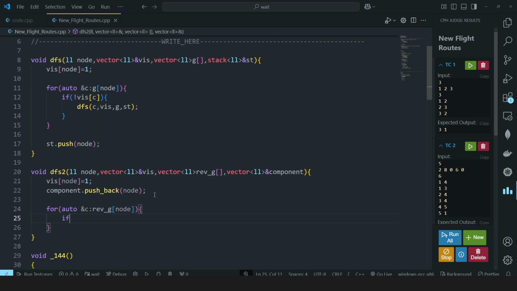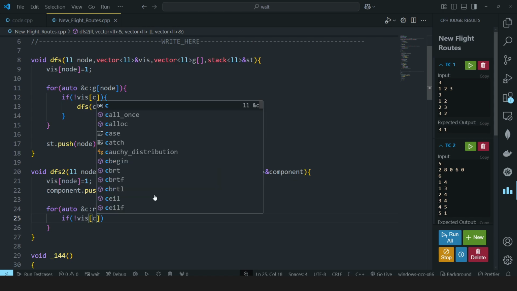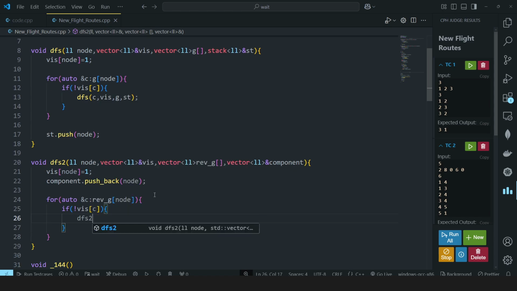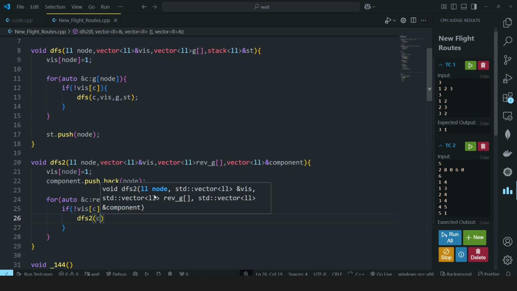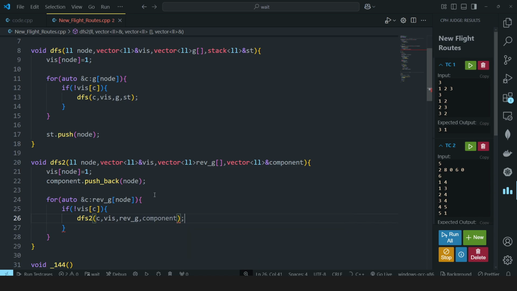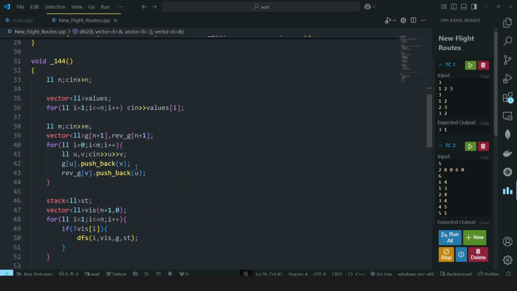So this is the child, and if it is not visited yet, then I will call the same function again, and this time the node will be my child, and the visited array will remain the same, the reverse graph will remain the same, and the component will also remain the same, right? So in this way I think I have written the second DFS function also.